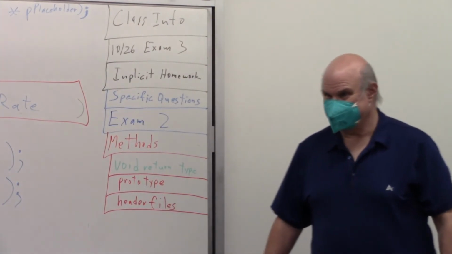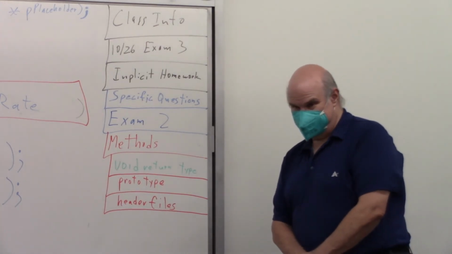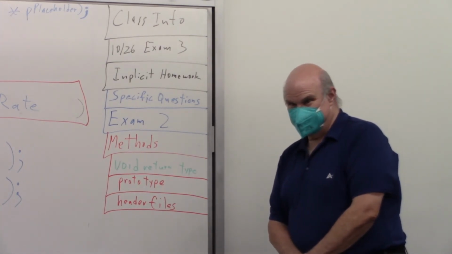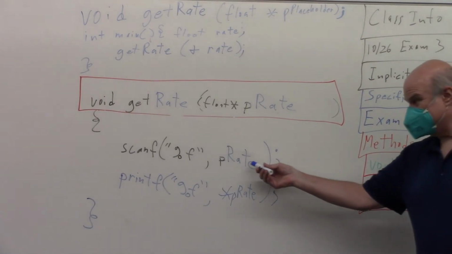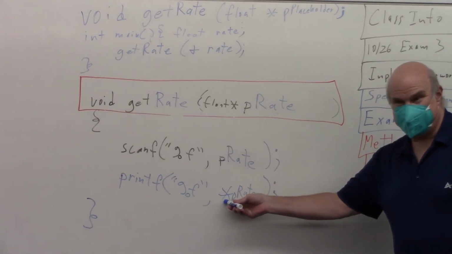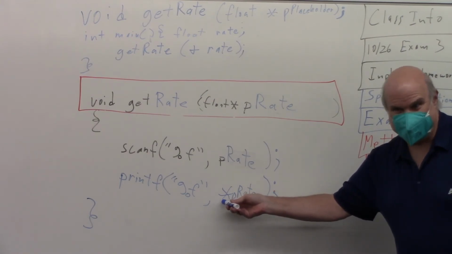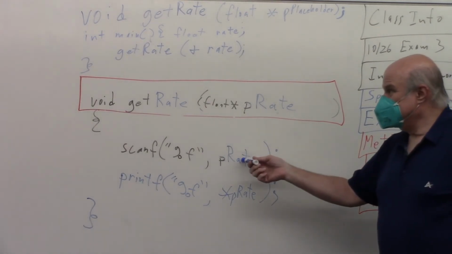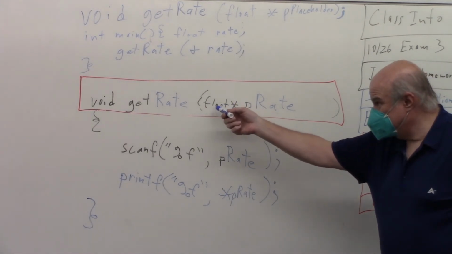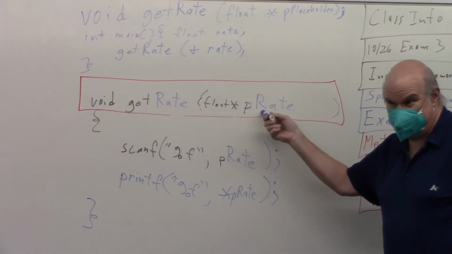So p rate is referring to the memory location, and then when you use the dereference, it gives you the value that it's pointing to. Exactly correct. P rate contains a memory location. Dereference says get the value at that memory location. Exactly correct. P rate is a pointer. As you see, it's a float pointer that you passed in as a parameter.